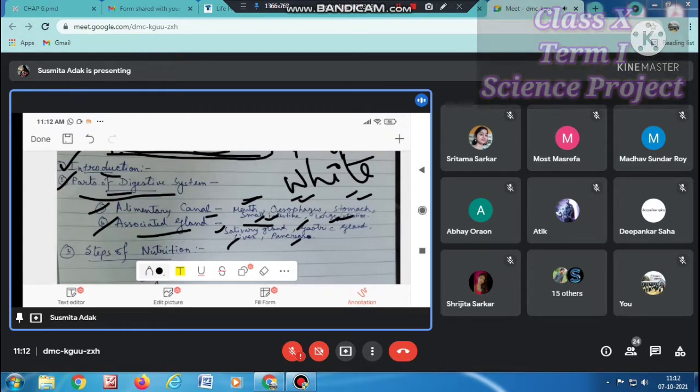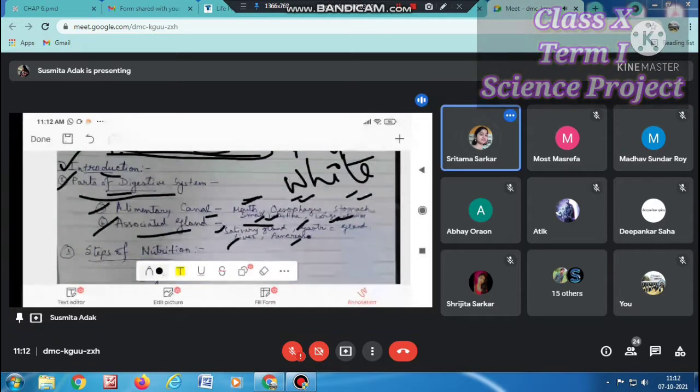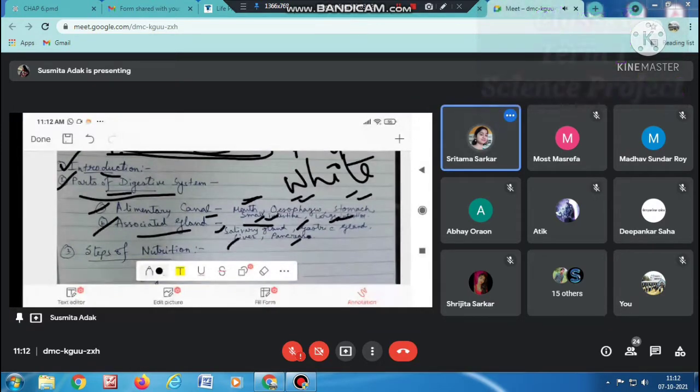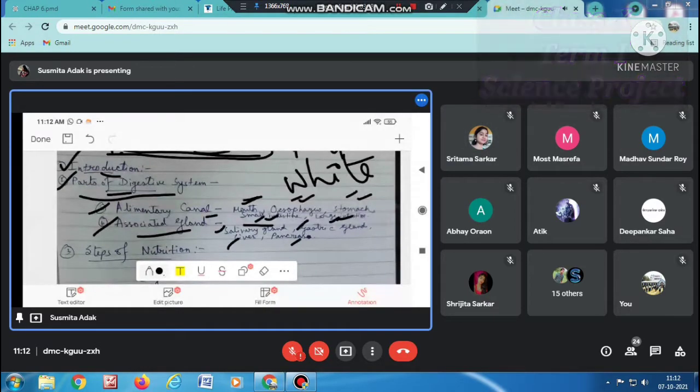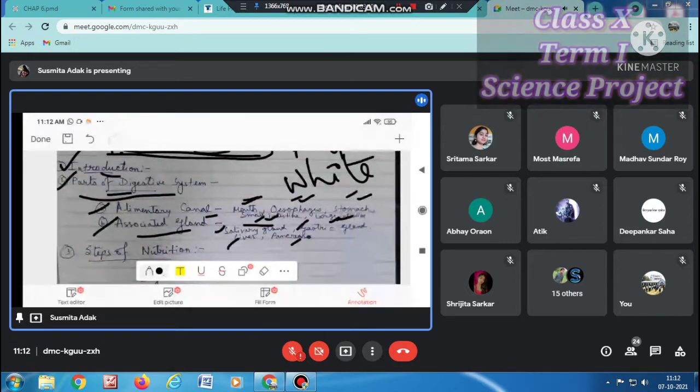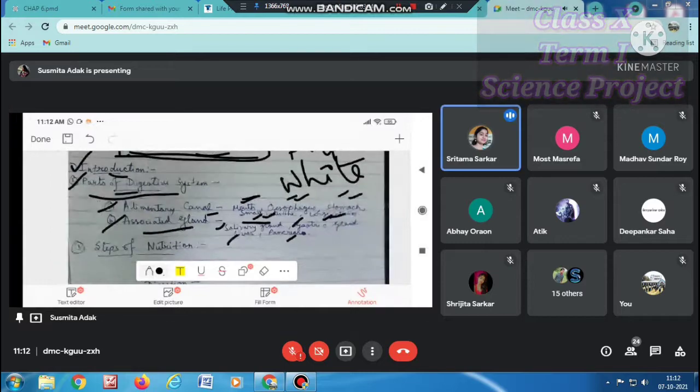You will not stick any printout picture; only you have to draw. Remember this. Drawing is compulsory. Without drawing, the science project is incomplete.